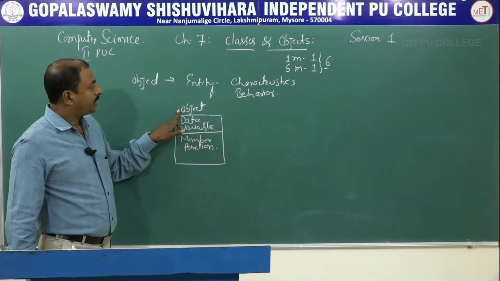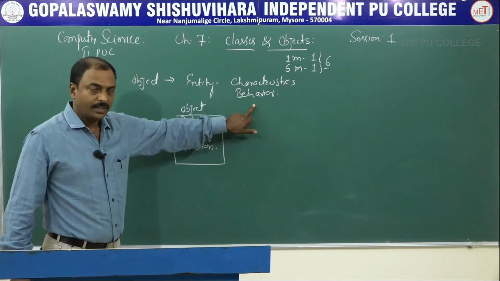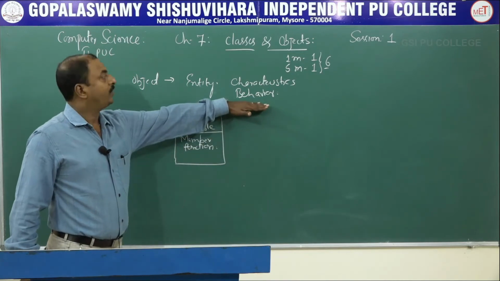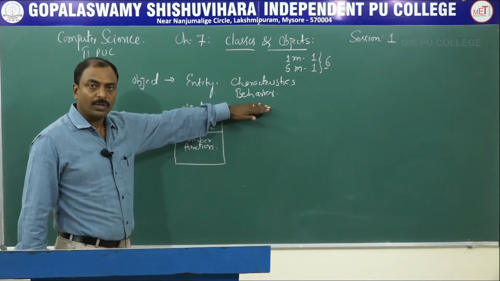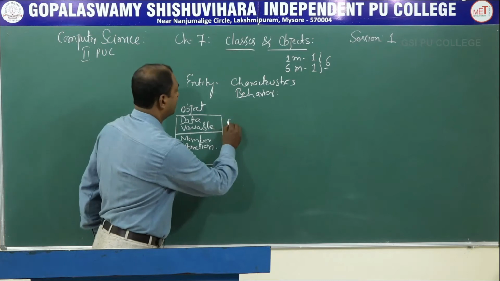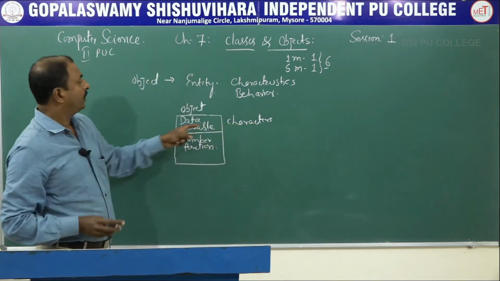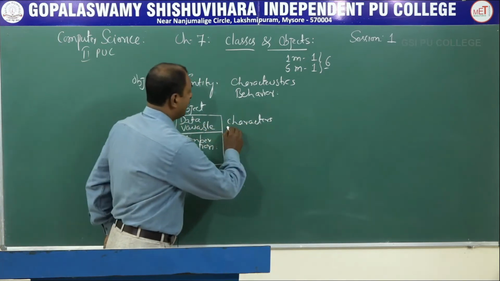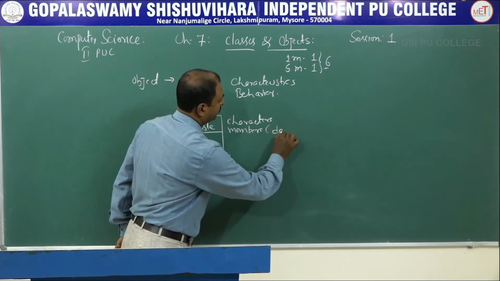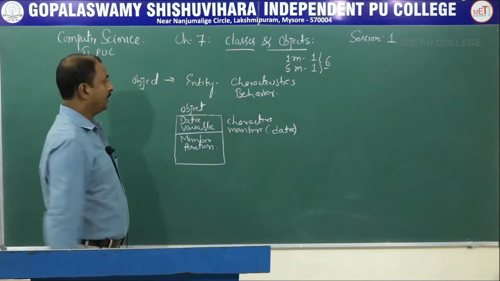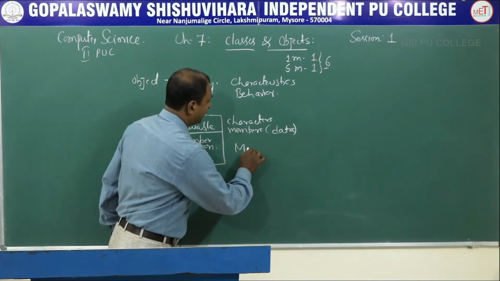So here, what is an object? It is an entity having some characteristics and behavior. So when it comes to real world object, or when we are going to incorporate this with respect to programming, in programming concepts, these characteristics of an object are represented through variables, or we say data members, and the behavior of an object is represented through methods.